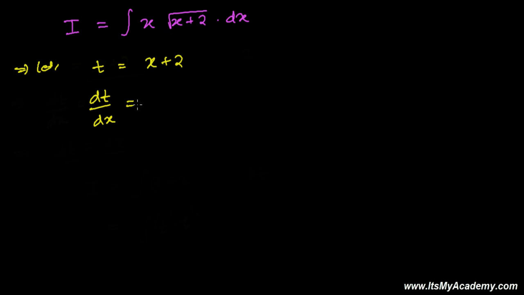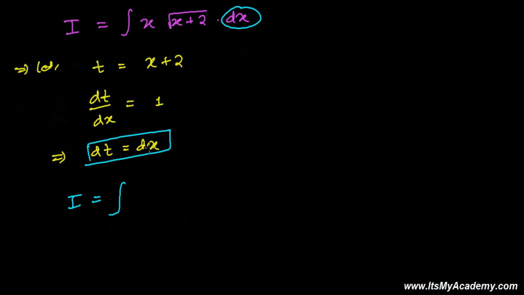Okay, so I'm going to suppose t equals x plus 2, and now I differentiate both sides with respect to x, and I get the derivative of x, that's simply 1. So dt equals dx, and based on this result my integral is getting a new form: dx is converted to dt. From t equals x plus 2, the 2 goes to the other side, so x is t minus 2.